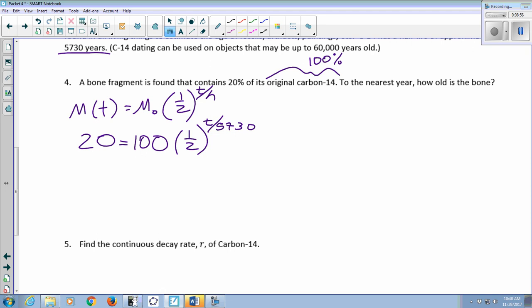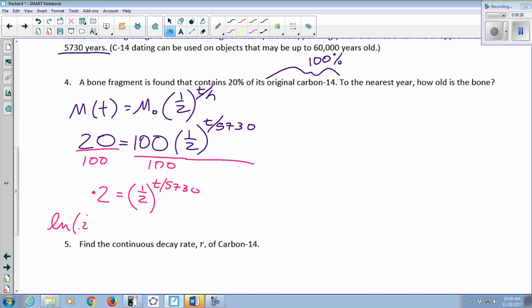First thing I want to do is isolate this exponential expression here. So I'm going to start by dividing both sides by 100. 20 over 100 is 0.2. And then this is 1/2 to the t over 5,730. My unknown is in the exponent, so I'm going to take the ln of both sides.